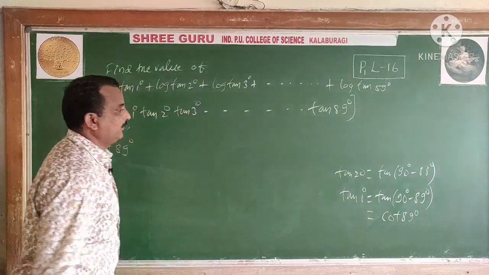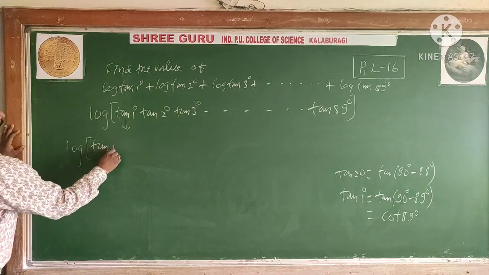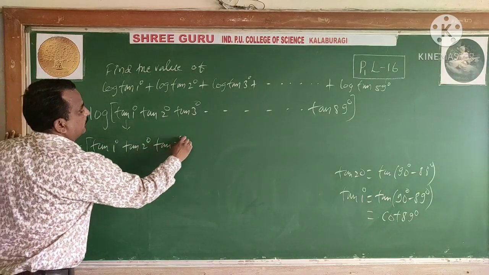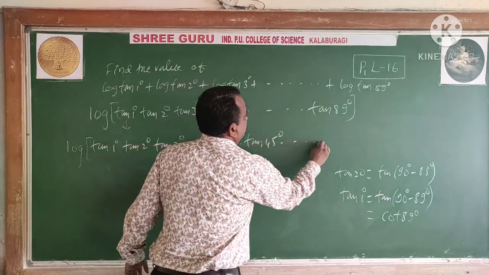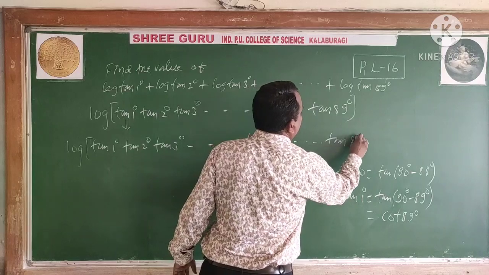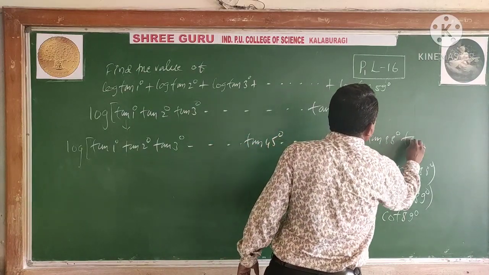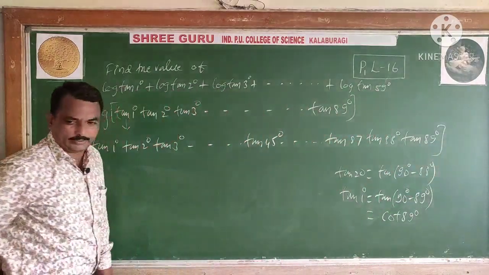Like that, one more step I will write here, the structure: tan of 1, tan of 2, tan of 3 degree, up to tan of 45 degree, tan of 87, tan of 88. These are the terms we have in the bracket.